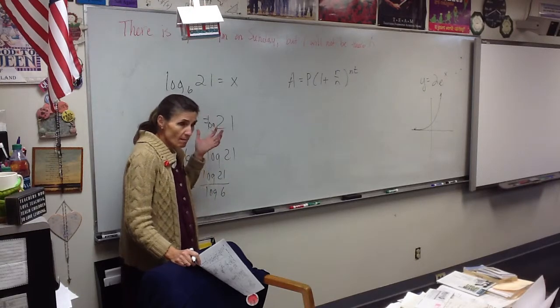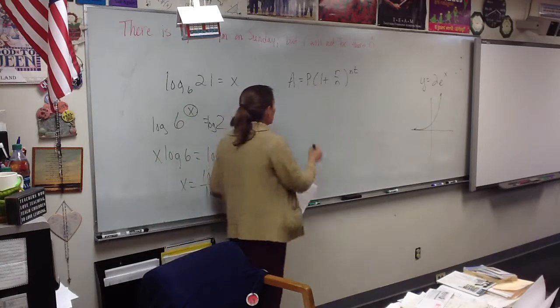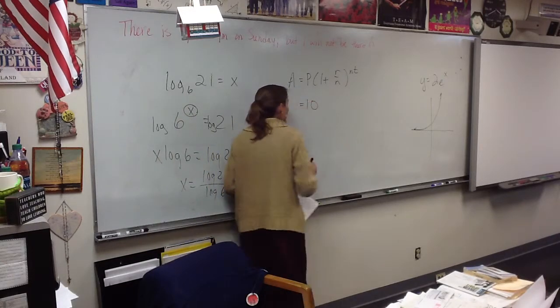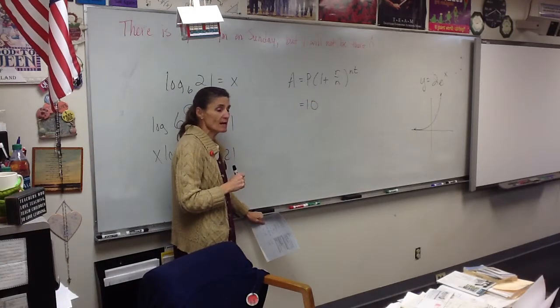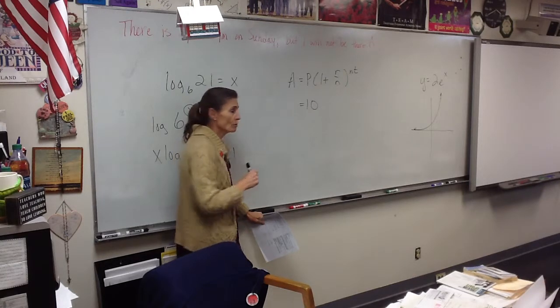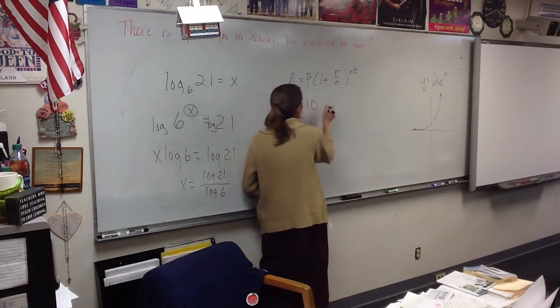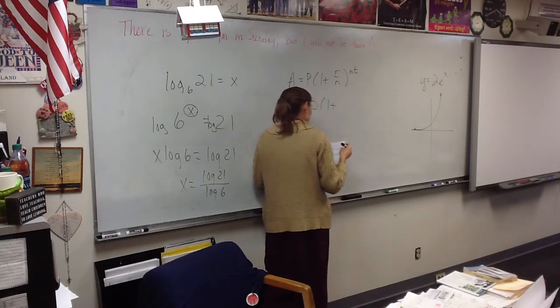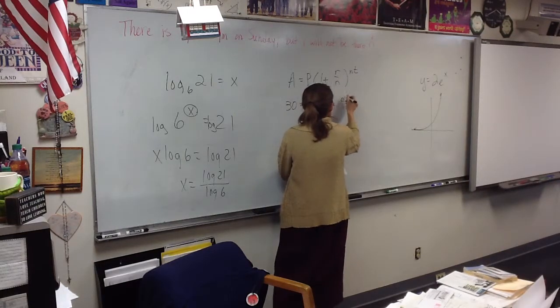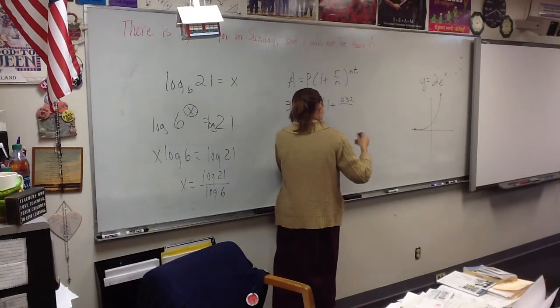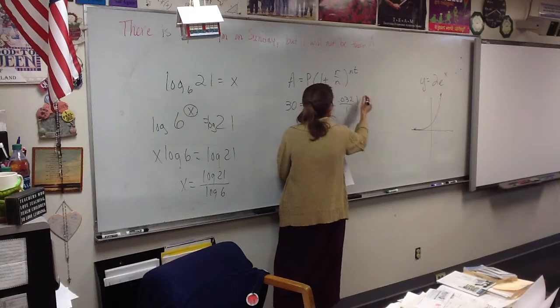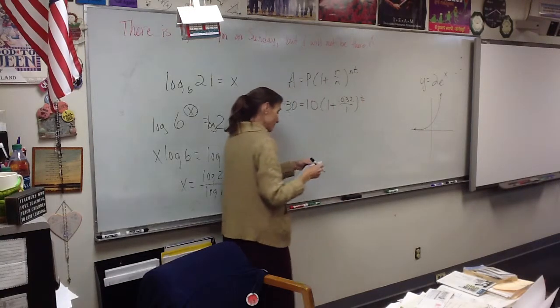No. So pick a number, Lily. 10. If you start with 10, in this problem, you have to end up with 30. Point 032. Compounded annually, and it says how long does it take?